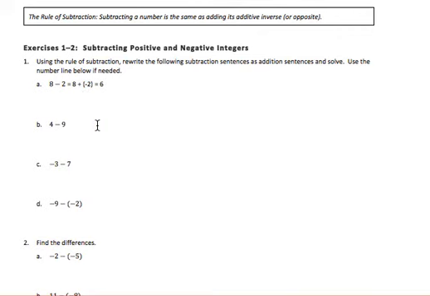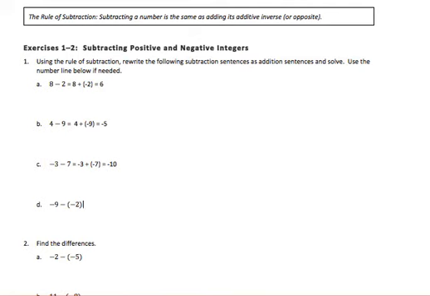In question B, we will rewrite this subtraction problem as 4 plus -9, which gives us -5. In question C, we would rewrite this one as -3 plus -7, which gives us -10.